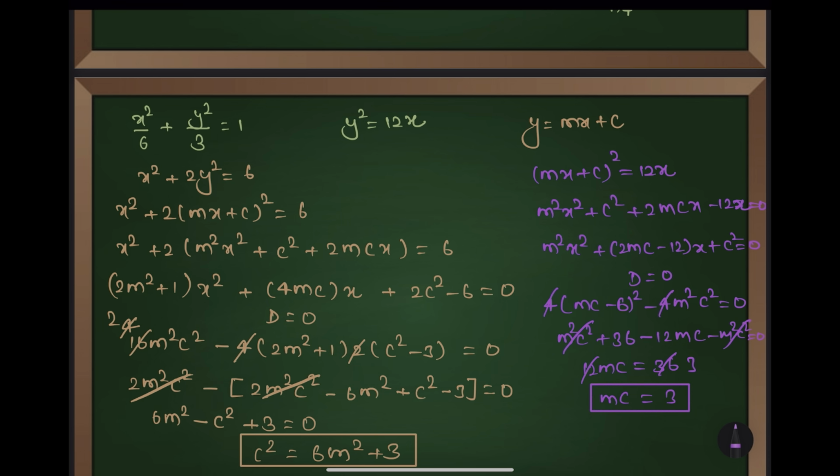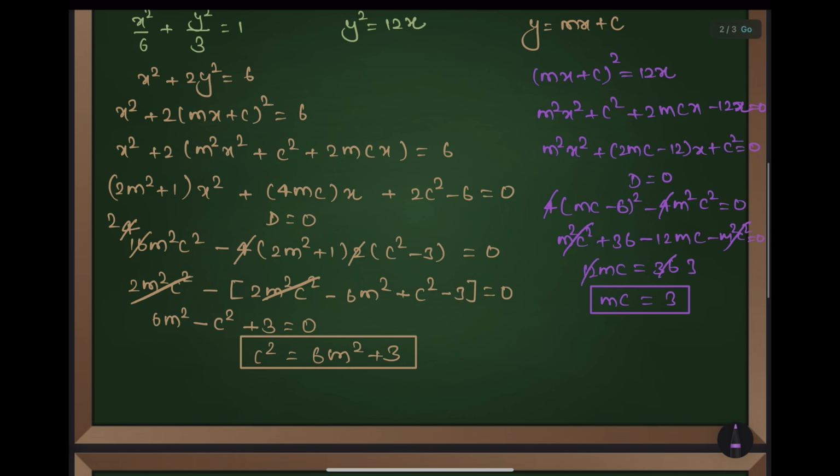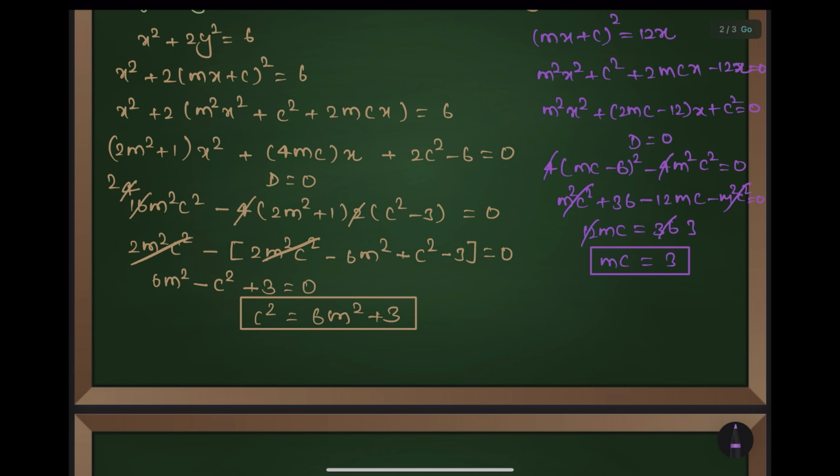So we got two equations, two variables. Let's simplify. In place of c, I can write 3 by m. So we will have 9 by m square equals 6m square plus 3. I'll divide both sides by 3, so we will have 3 by m square equals 2m square plus 1.